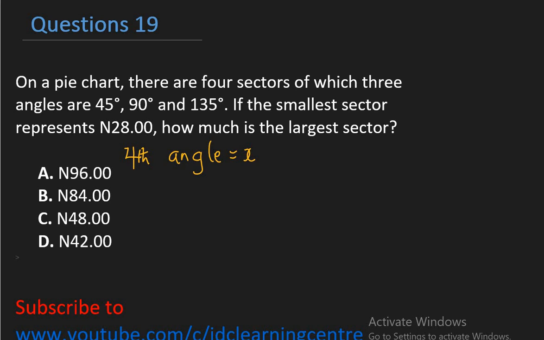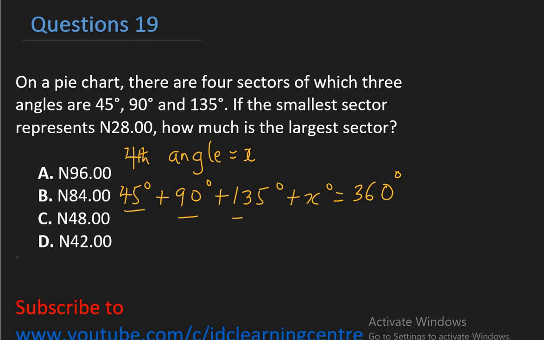So to get the 4th angle, 45 degrees plus 90 degrees plus 135 degrees plus X degrees must give me 360 degrees.